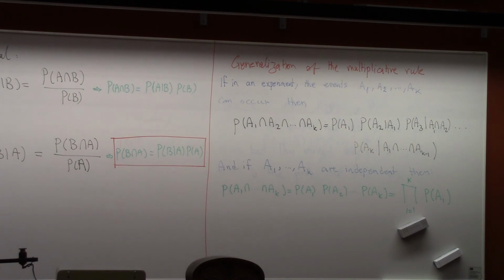Probability of head, tail, they are independent, so it's the multiplication of each of them.